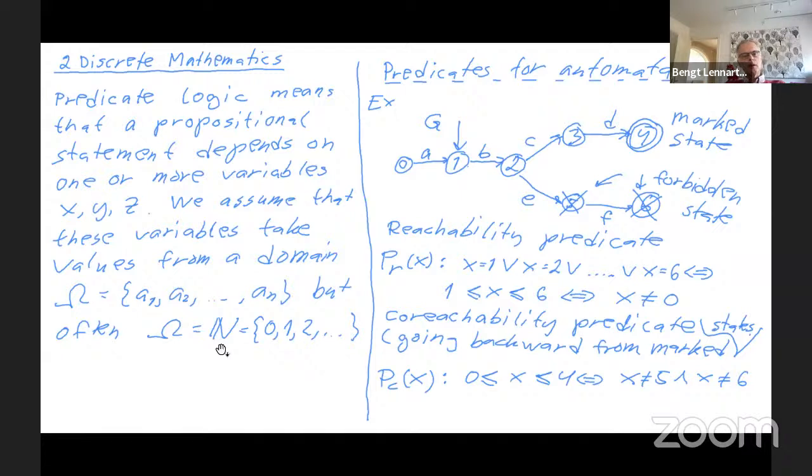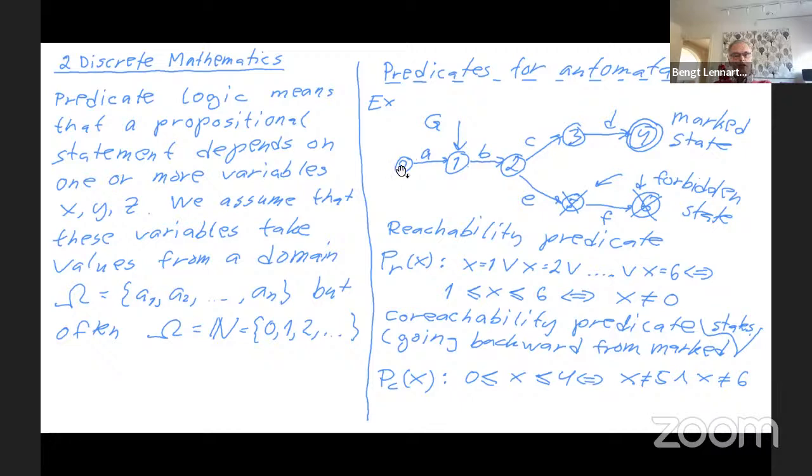Now I will illustrate how we can reason about these statements where we have extended, we have still propositional statements, but based on variables. And here is a simple automaton where actually we can see here that from state 1, we cannot reach state 0.